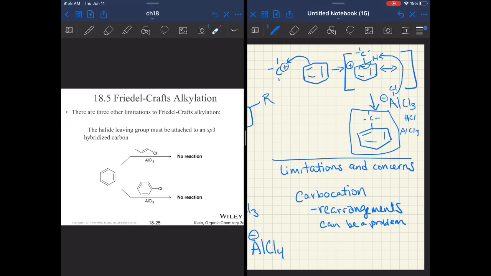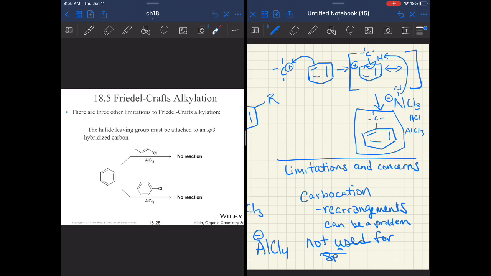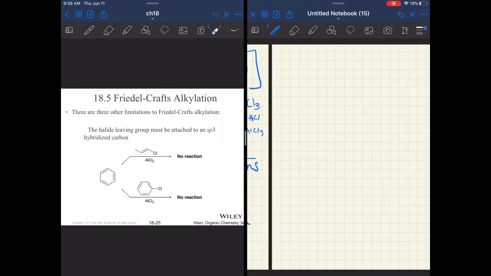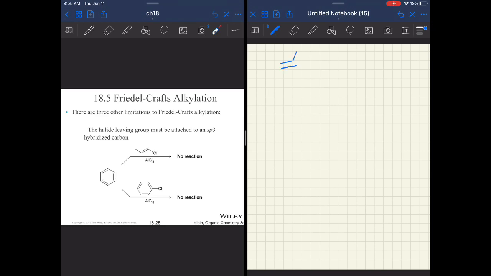You also cannot use sp2 carbon-chlorine bonds. All right, so you absolutely cannot use a vinyl chloride. That will not work.